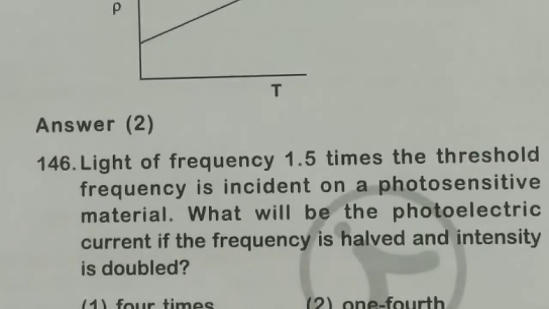146 question. A light of frequency 1.5 times the threshold frequency is incident on a photosensitive material. What will be the photoelectric current if the frequency is halved and intensity is doubled? Now this is our question.